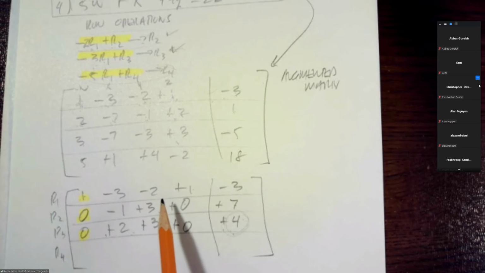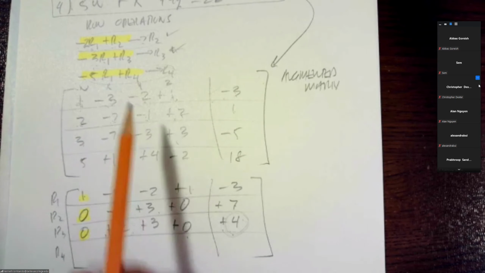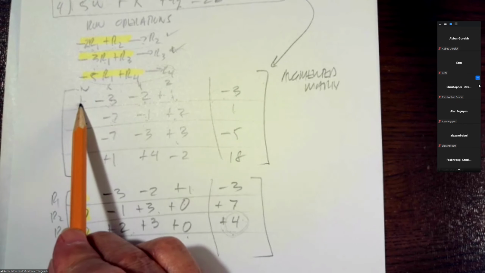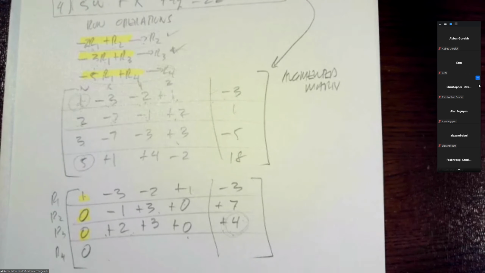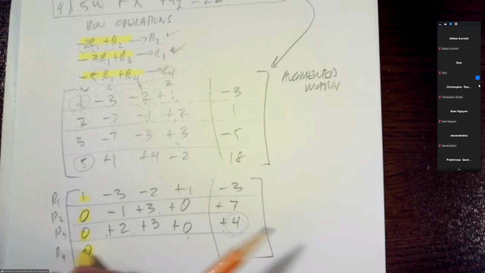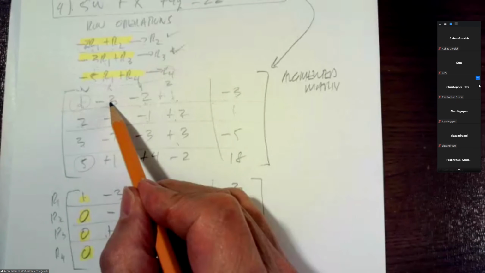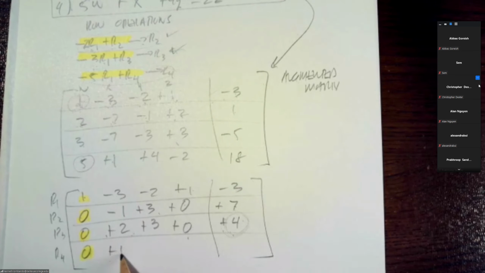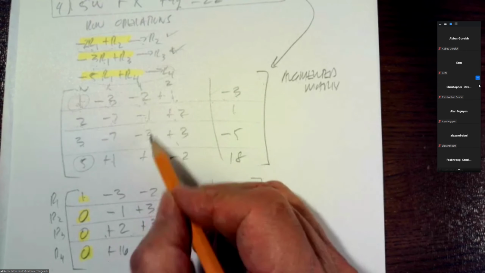-5 row 1 and add it to row 4. So we're going to create a new row 4. So -5 times row 1. So that gives me a -5 and add it to row 4. That gives me a 0, doesn't it? Which is what I wanted. -5 times row 1, that's positive 15 plus 1, that's positive 16. -5, that's positive 10.